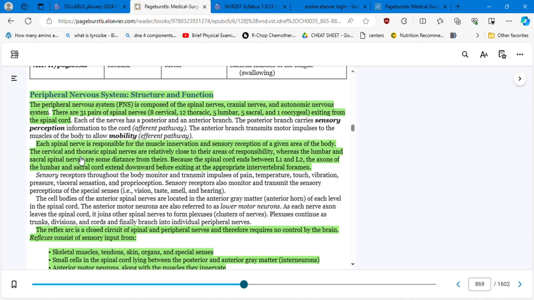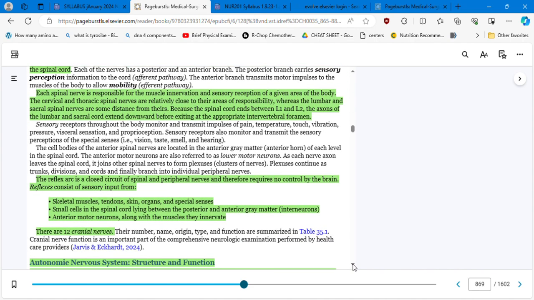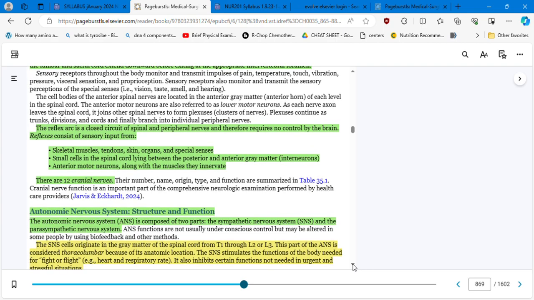The cervical and thoracic spinal nerves are relatively close to their areas of responsibility, whereas the lumbar and sacral spinal nerves are some distance from theirs, because the spinal cord ends between lumbar 1 and lumbar 2. The axons of the lumbar and sacral cord extend downward before exiting at the appropriate intervertebral foramen.